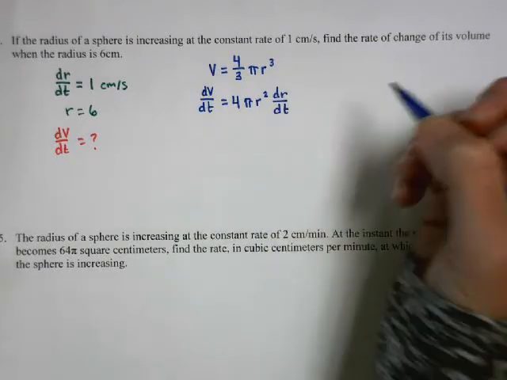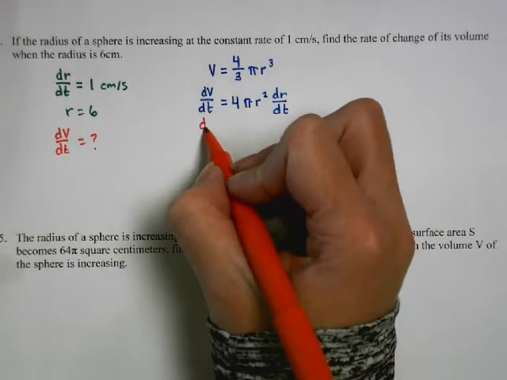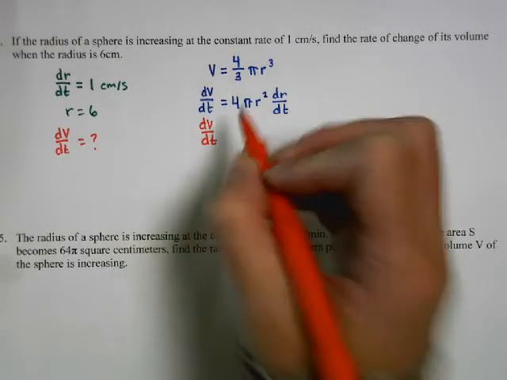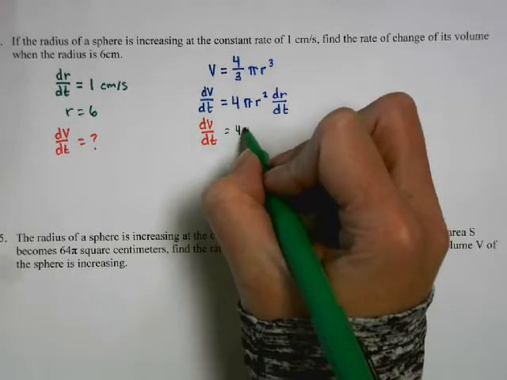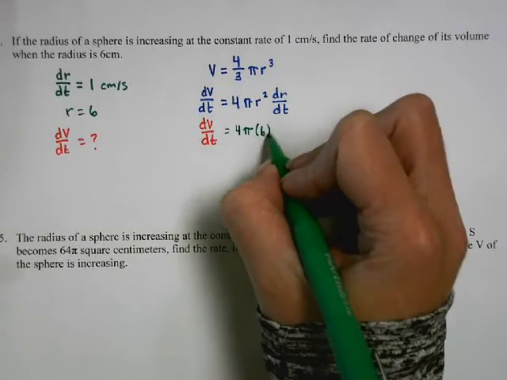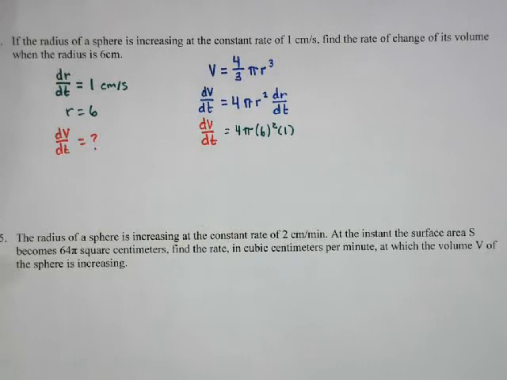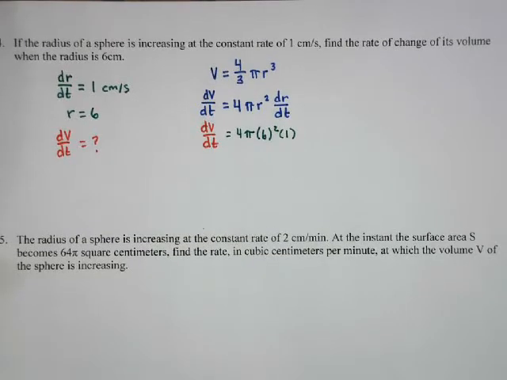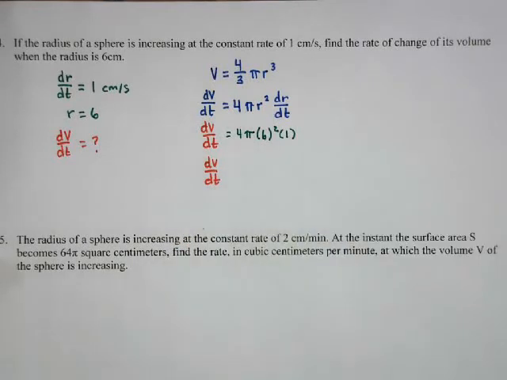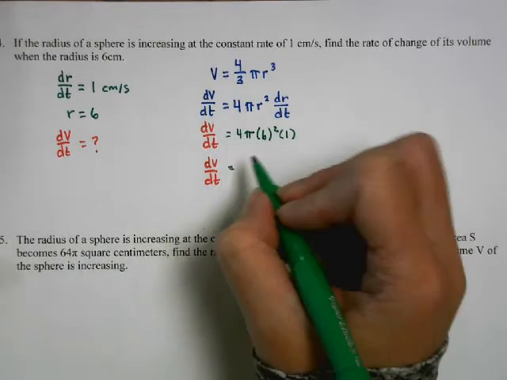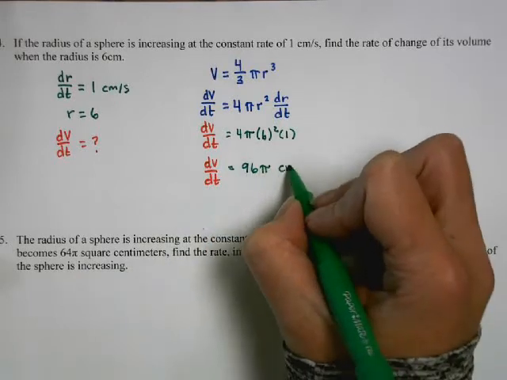So we're finding dv dt. Our knowns are 4 pi 6 squared times 1. So we multiply all that together to get 96 pi, and this would be centimeters cubed per second since we're talking about volume.